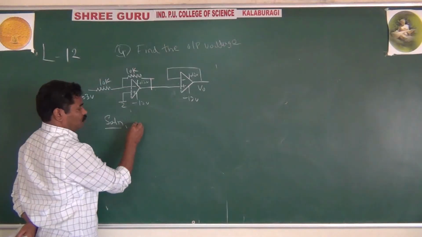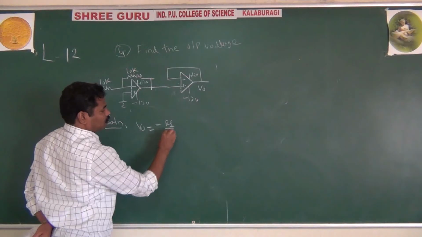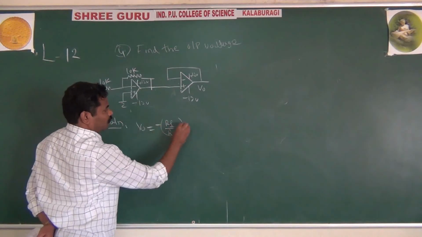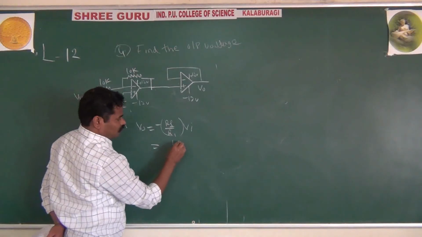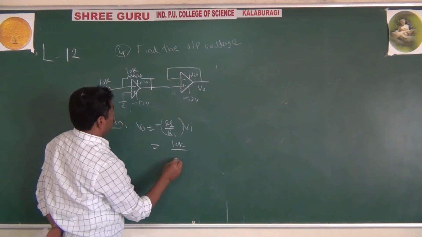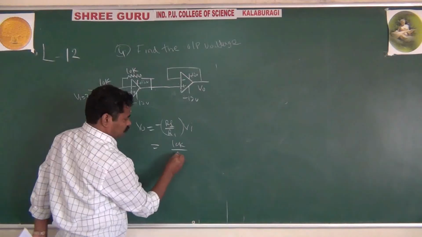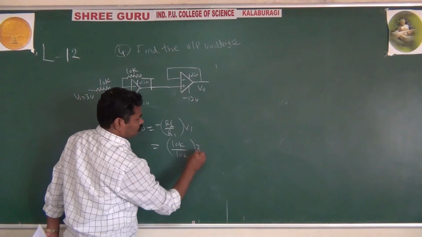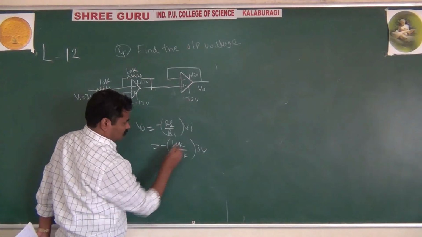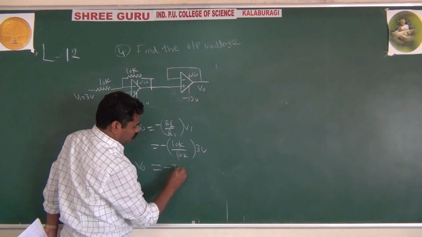Here the output is nothing but minus Rf by R1 into Vi, and here Rf is 10k by 10k, and into Vi which is 3 volts, and the minus signs cancel, giving minus 3 volts.